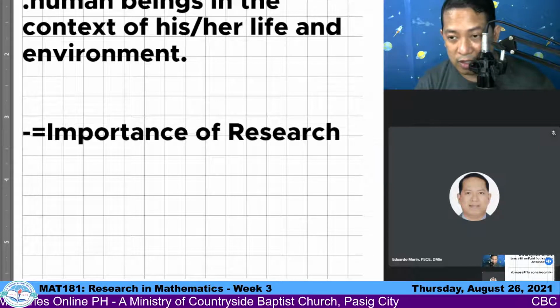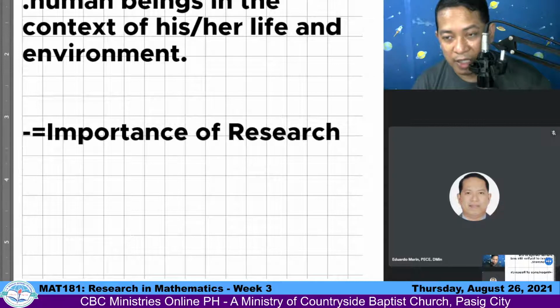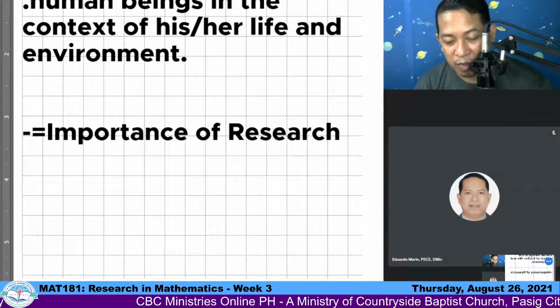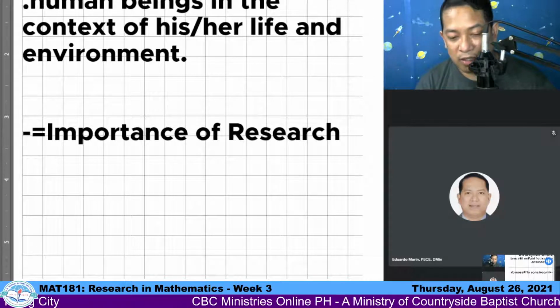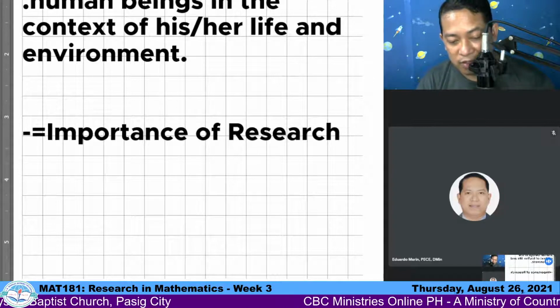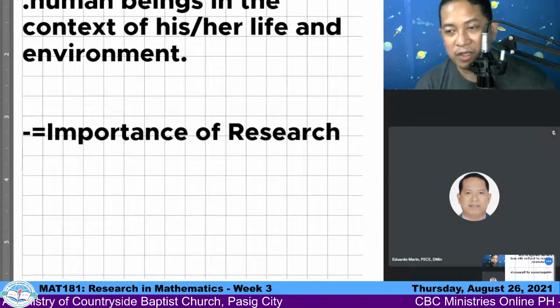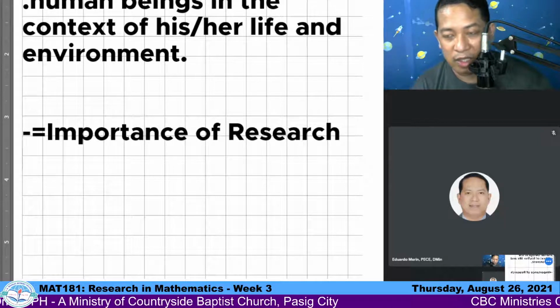Undergraduate research, exposure to this research process will enable you to be motivated to undergo graduate researches as well, including your master's thesis or your doctorate dissertation. Perhaps dapat ang estudyante maging aware dito.